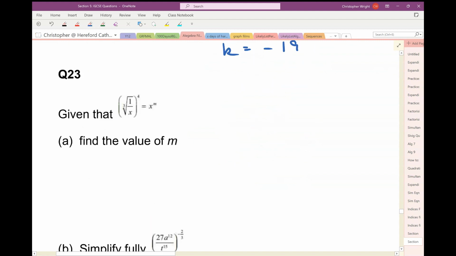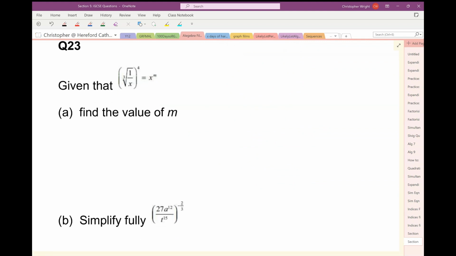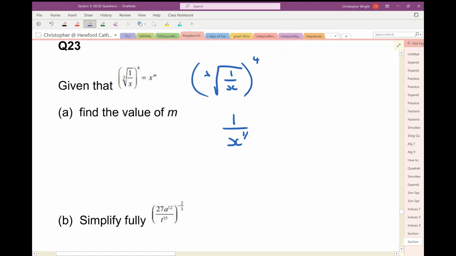All right, question 23. Okay, let's have a look at this. I've got the cube root of 1 over x, which is being raised to the power of 4. So I have got 1 over x to the power of a third, which is being raised to the power of 4.